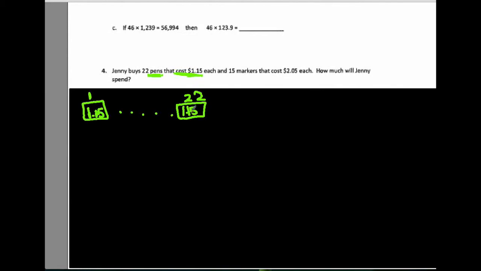So I'm going to multiply 22 times $1.15. Just because it has a decimal, we're not going to worry about the decimal yet. So 2 times 5, and I messed up.